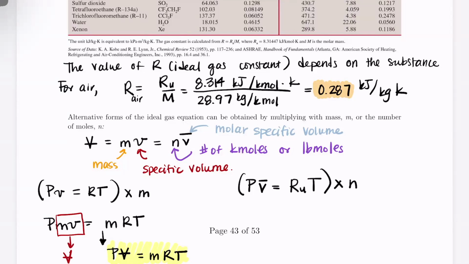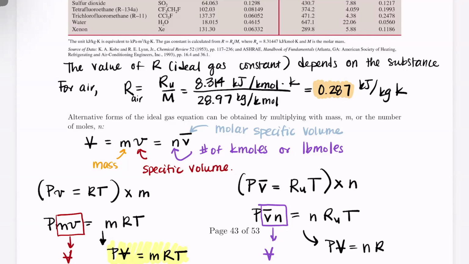Then we get P V bar times N is equal to N R_U T. And V bar times N is also equal to the total volume. So this version of the equation is PV, where V is volume, is equal to N R_U T.